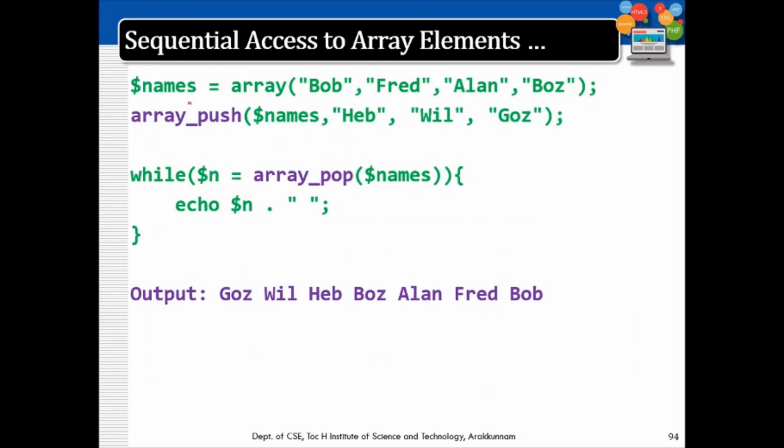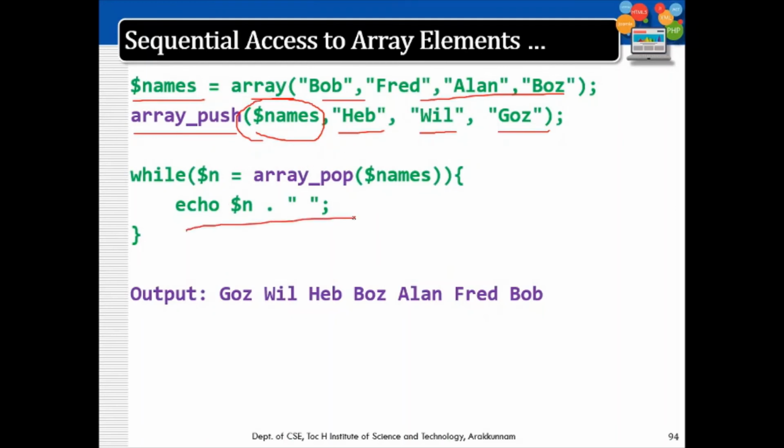Here is an example for this. $names array with all the names mentioned. Array underscore push, then give the name of the array and give the subsequent values which you want to add to the array. So 3 more elements will be added to the array here: Heb, Will and Goes.